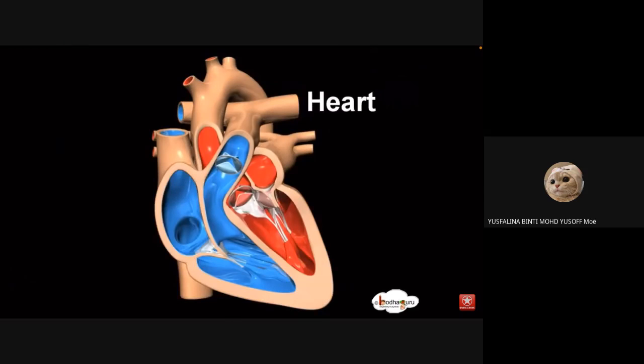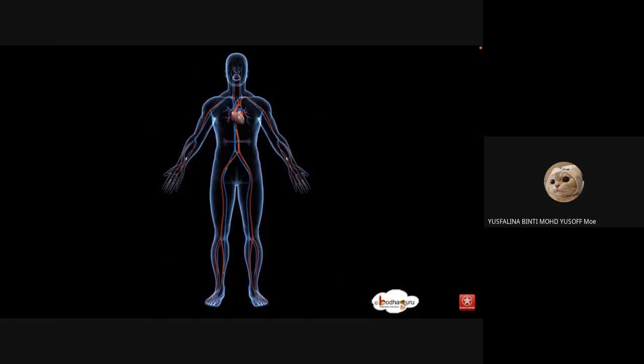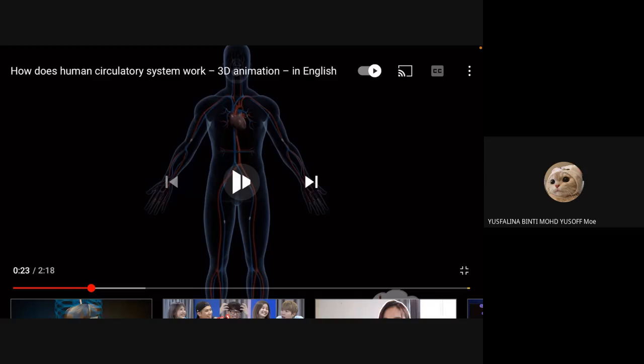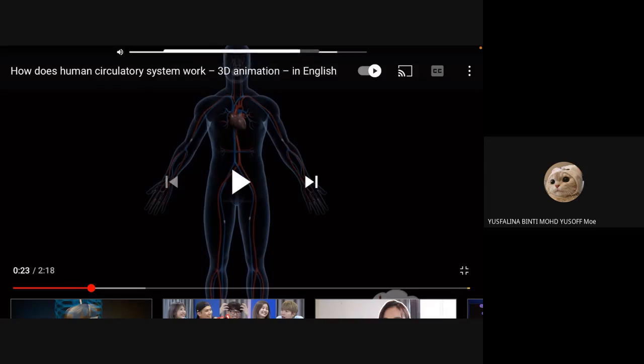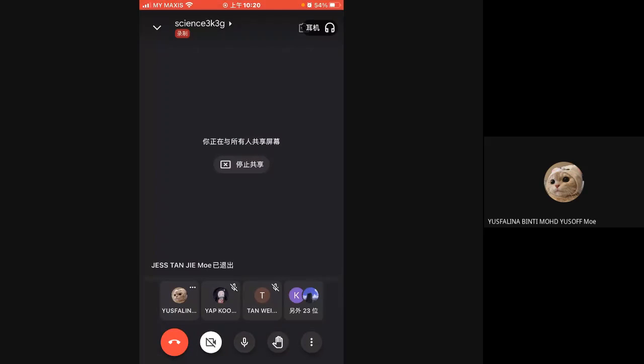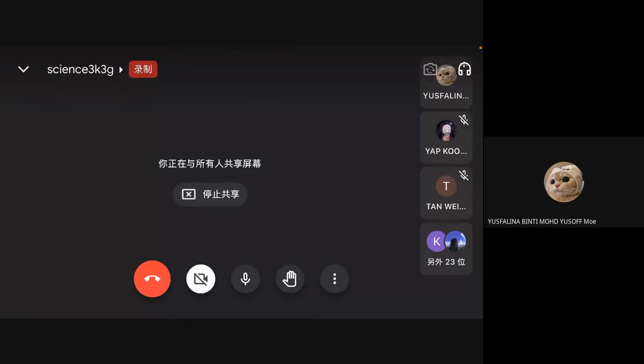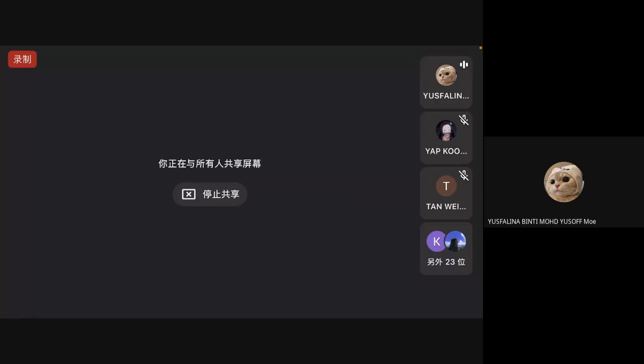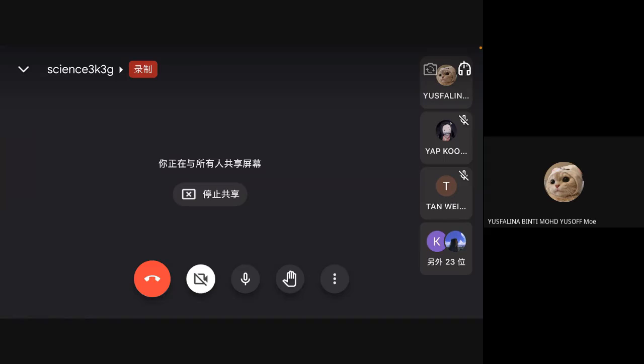Okay, I cannot hear the video. So when you want to show the YouTube, you should go to share screen, and then you have to share the Chrome tab. When you share screen, for YouTube, you have to go to share screen and then go to a Chrome tab, I think.